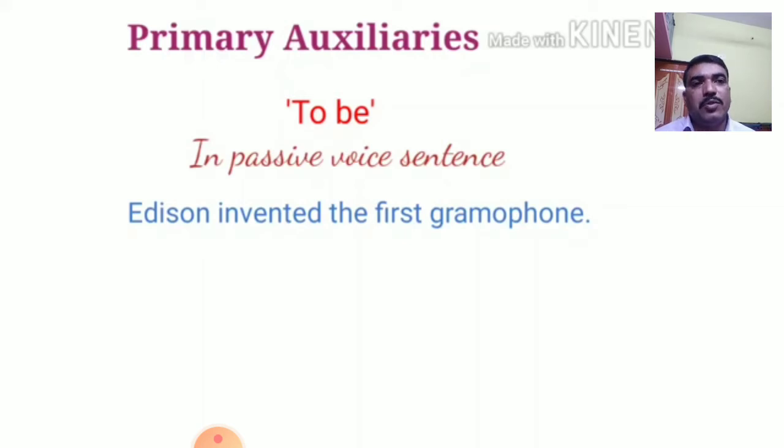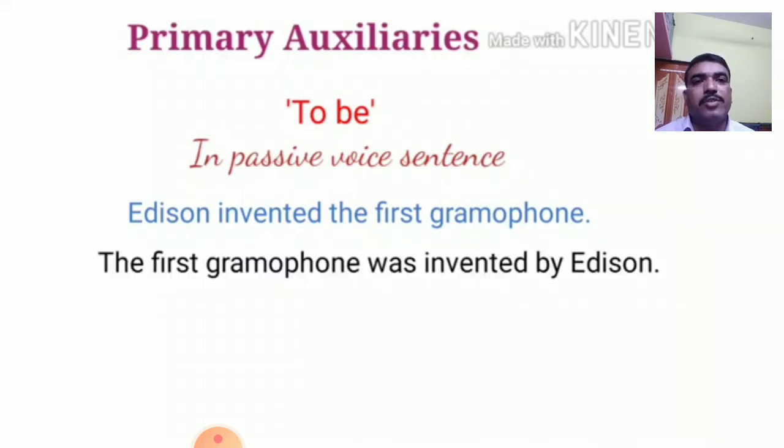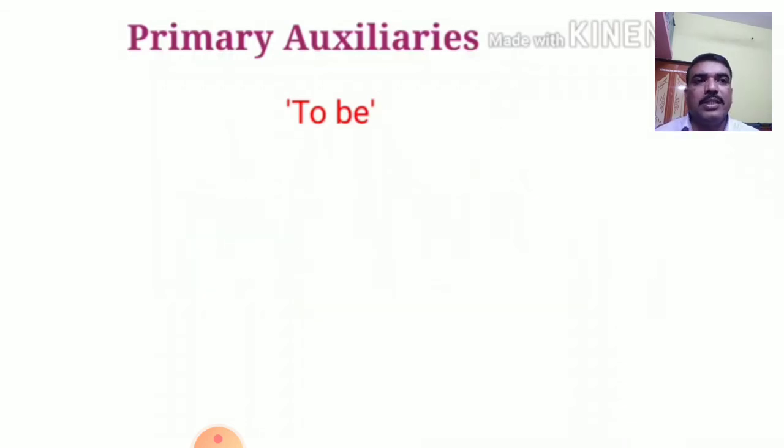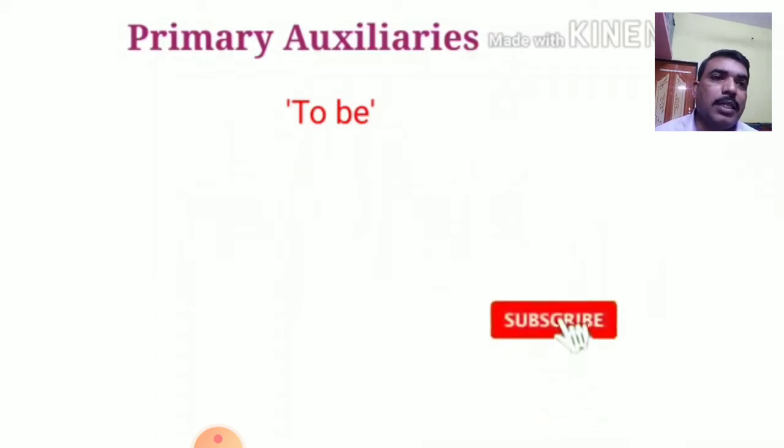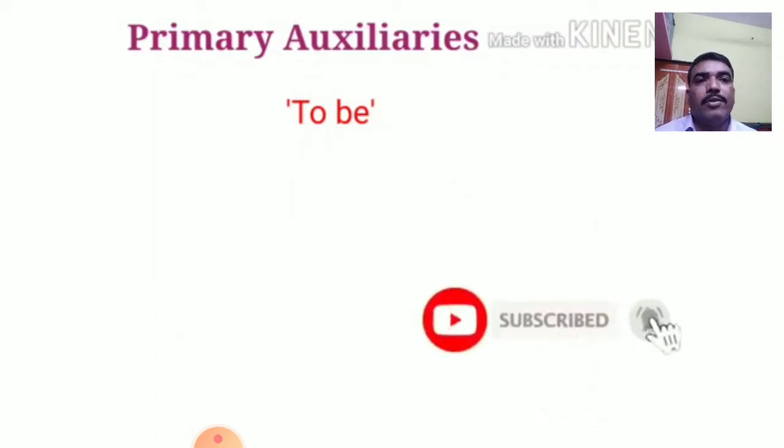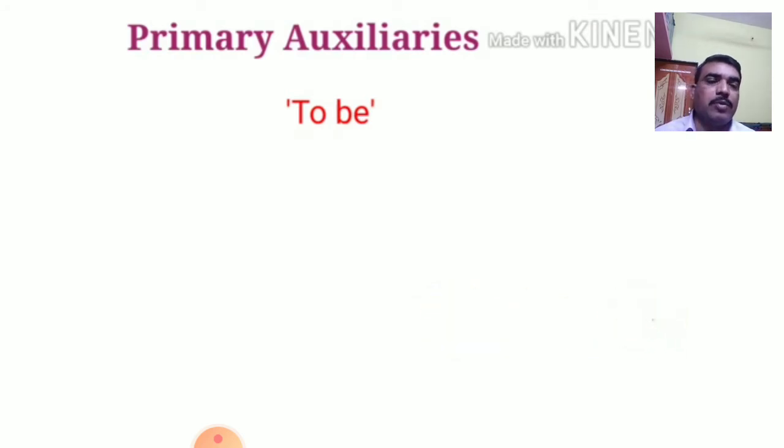When we change it into the passive voice, the first gramophone was invented by Edison. Here, was is the to be verb used in the passive voice when we bring the object to the beginning. Obviously, there is use of the to be verb, right, as a primary auxiliary.